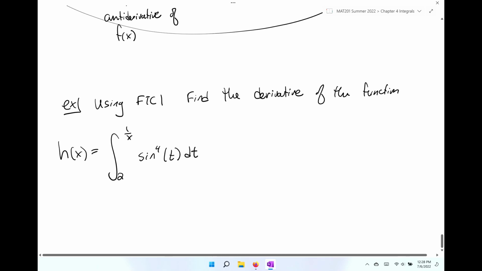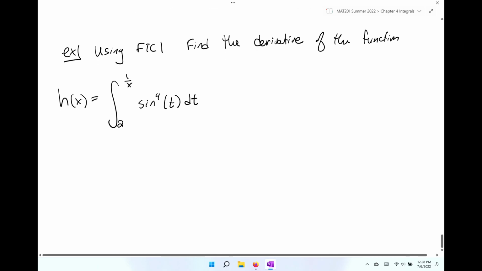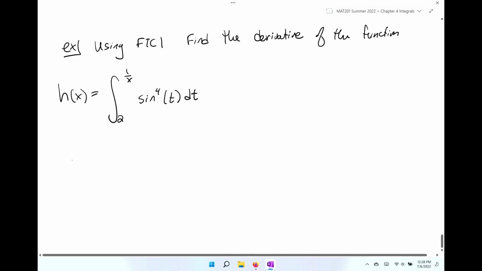According to the Fundamental Theorem of Calculus Part 1, the derivative is just going to give us the original function back: negative sine to the fourth of 1 over x, all divided by x squared.